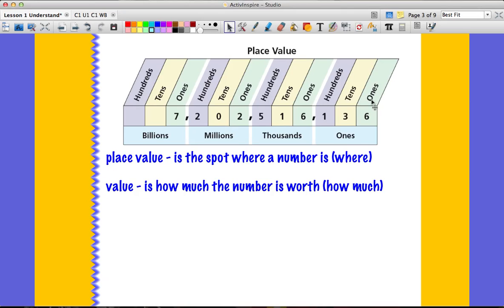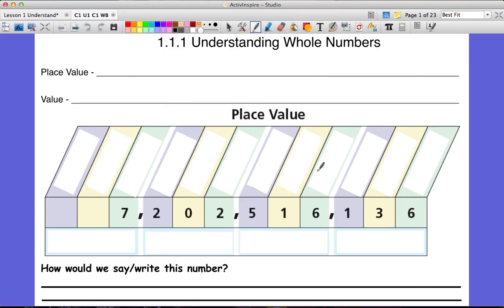So first things first, you'll notice it always goes ones, tens, hundreds, and then it starts over again in the next chunk. I think it would be helpful for you though, instead of just writing ones in this chunk right here, to remind yourself that this is the 1,000s.